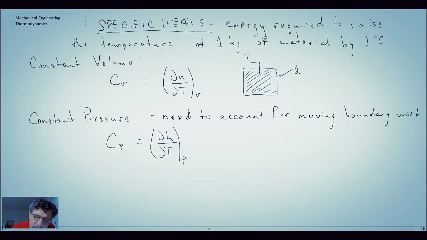Just to show you a little schematic, let's say this is the vessel in which we want to test the specific heat of some material. I'll show the boundary here. We have a gas or a liquid inside of this, and what we're doing is injecting or adding heat.